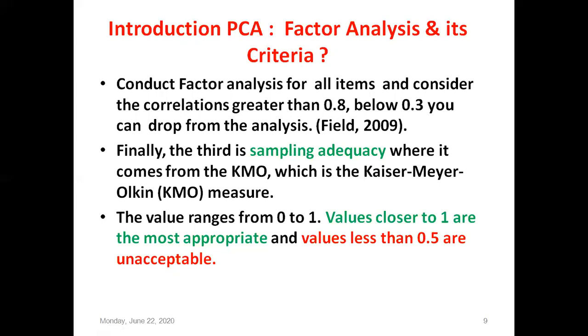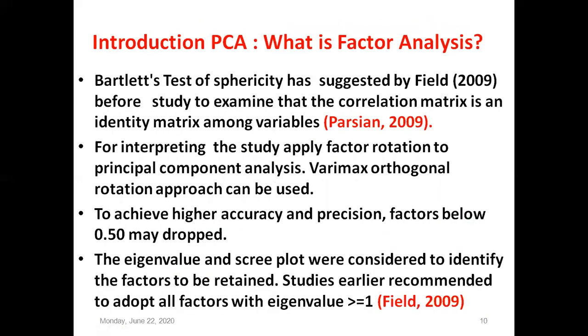Values very close to 1 are the most appropriate, and values less than 0.5 are unacceptable. This is one criterion we check before doing the factor analysis, right? Another one is Bartlett's test of sphericity.